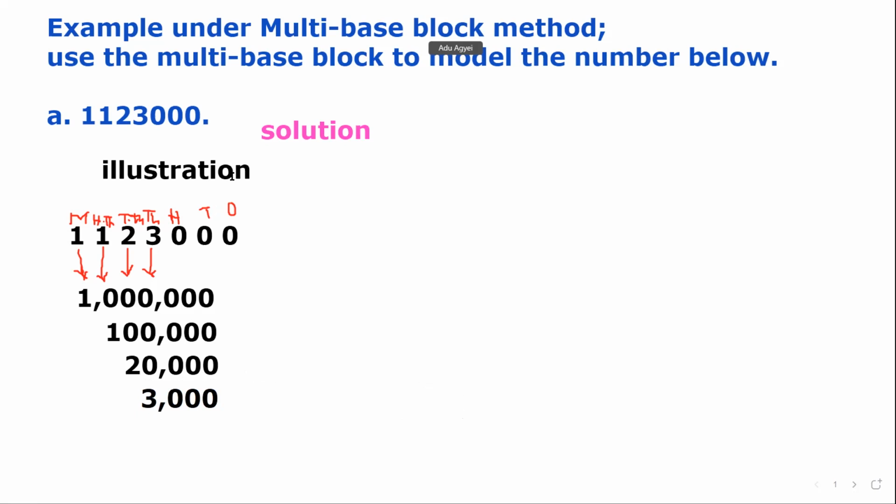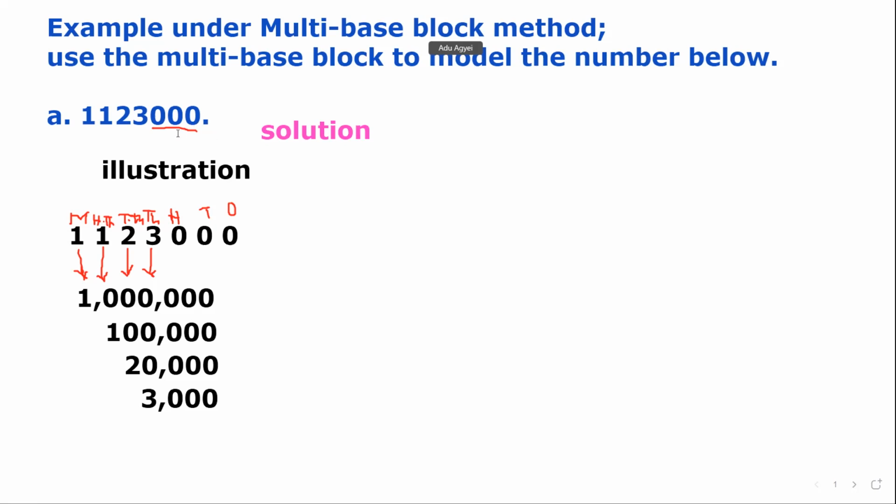Now, let's choose the keys here. Like what we already stated, since the question here ends with 000, under the multi-base block, it has 4 keys. So the first key depends on the number of zeros at the end, or if the figure does not end with 0, as we stated earlier.